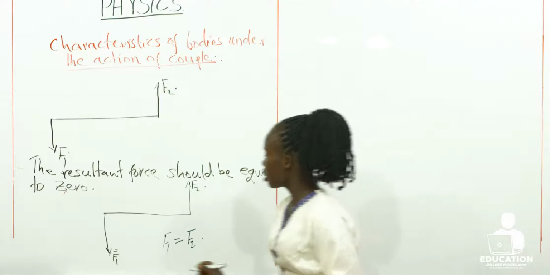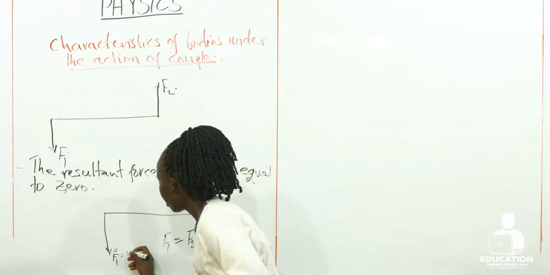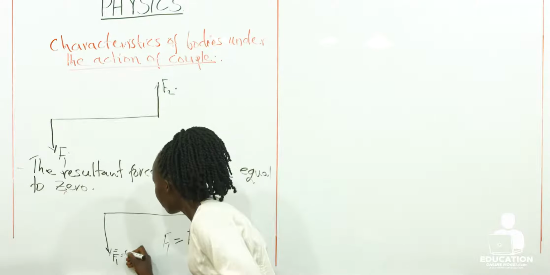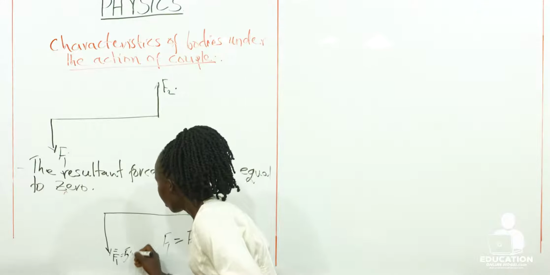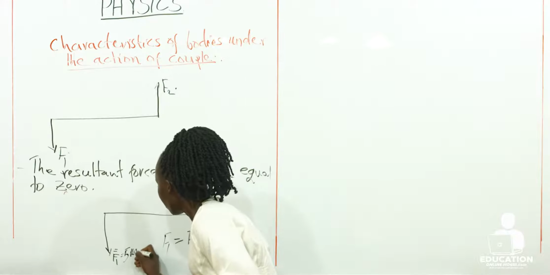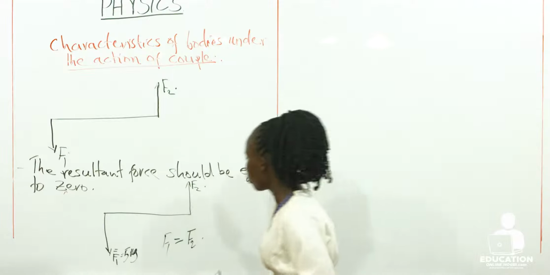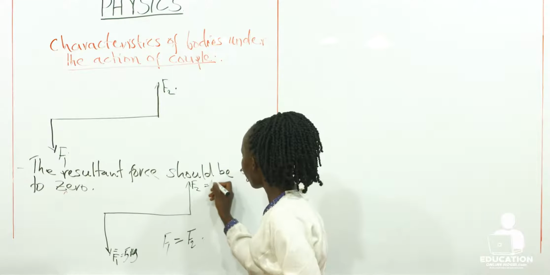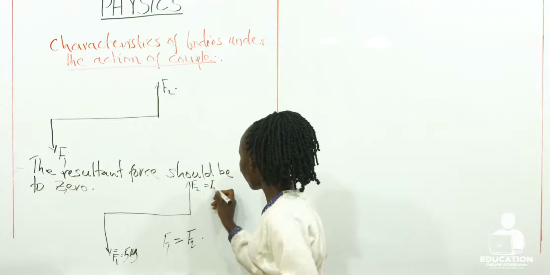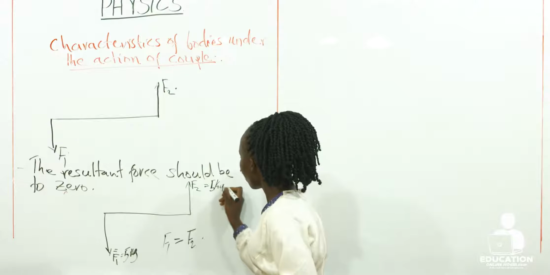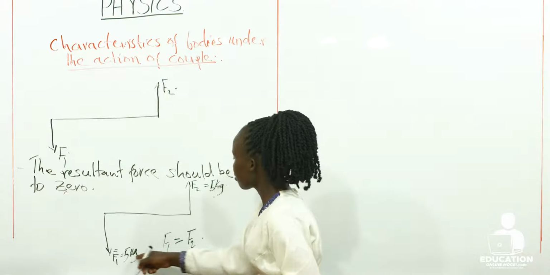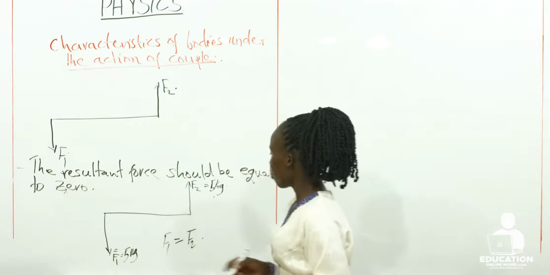That means that if we have a weight here of 5 kilogram, and then we have another weight here of 5 kilogram, we are having these two weights the same in order to balance that.